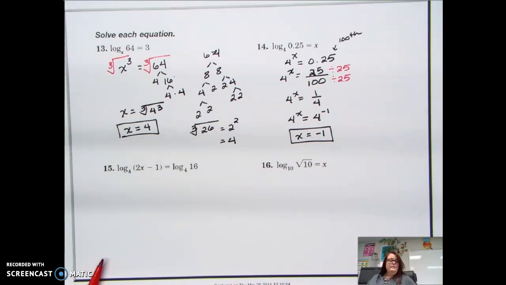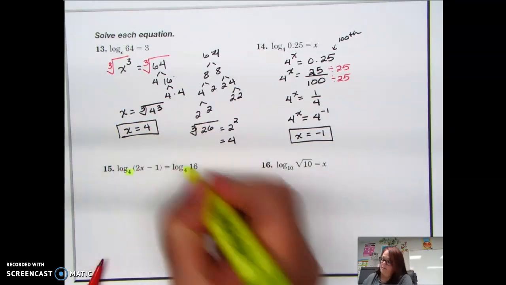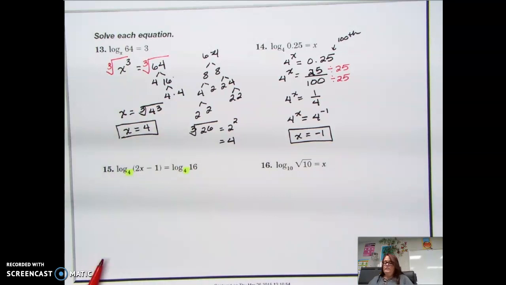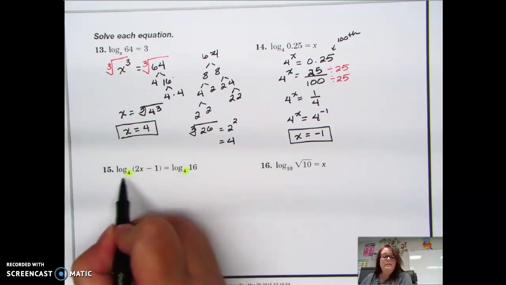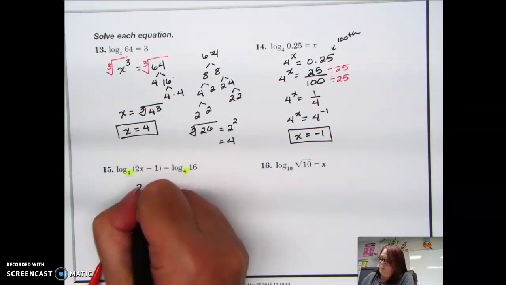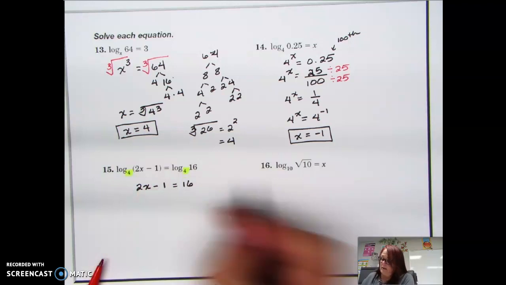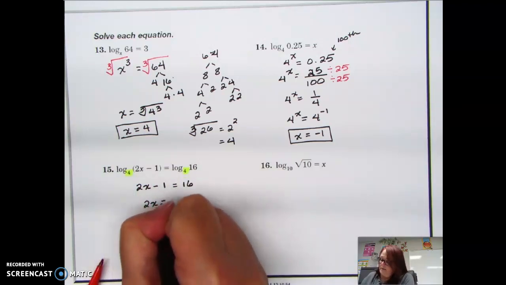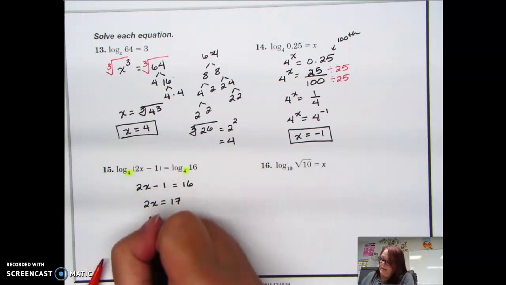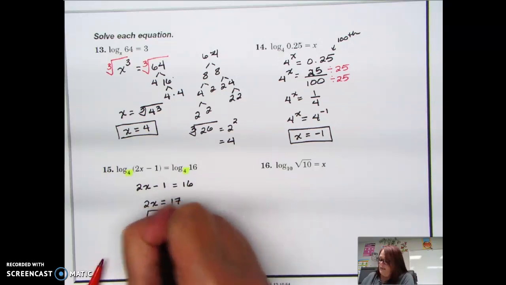Looking at number 15, this one is dealing with that equality definition. So I have a base of 4 here and a base of 4 here. And so we said if the logs had the same bases, then the numbers themselves are equal. So we would say 2x minus 1 is equal to 16, which makes 2x equal to 17, and that makes x equal to 17 halves, or you could have called it 8.5.